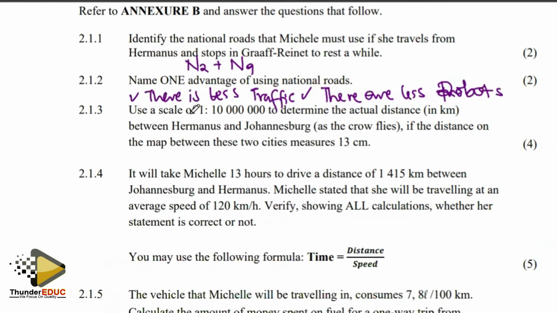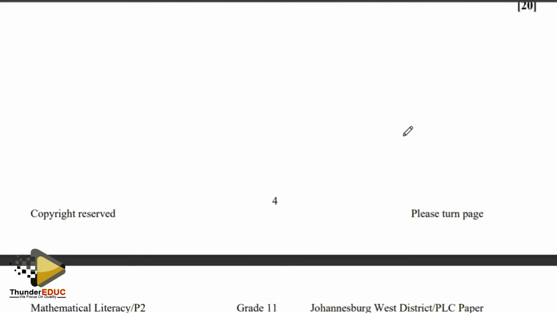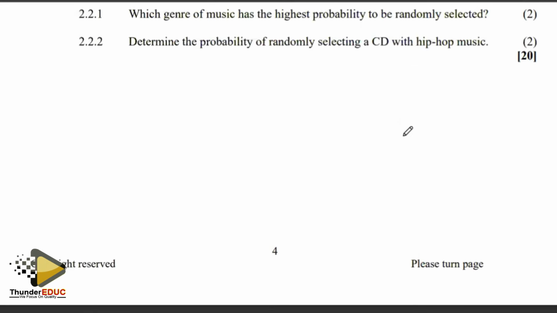Use the scale of 1:10 million to determine the actual distance in kilometers between Hammonds and Johannesburg as the crow flies, if the distance on the map between these two cities measures 13 centimeters. Now, allow me to use this space below. First and foremost, we have a scale.